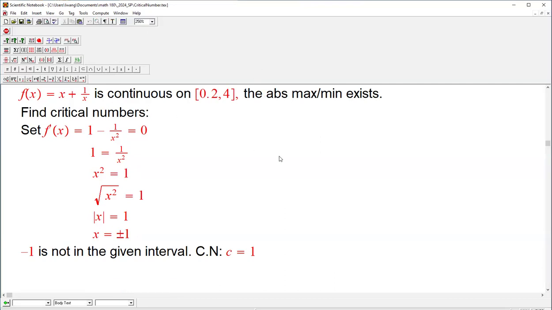So now we are on a closed interval. We have 1 critical number and 2 endpoints, and we're going to test for absolute max and absolute min.